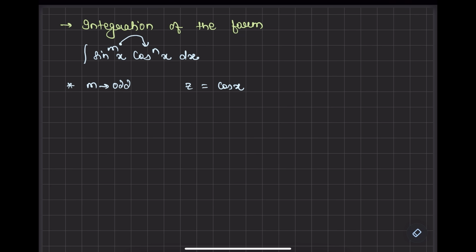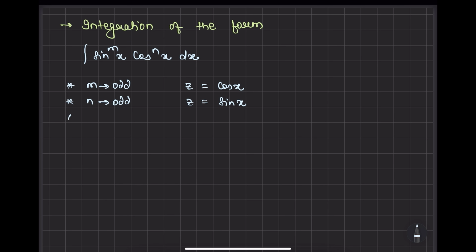Now if n is odd, you will be taking z as sine. So if m is odd, you will take cos as z. If n is odd, you will take sine as z. So this depends upon odd.